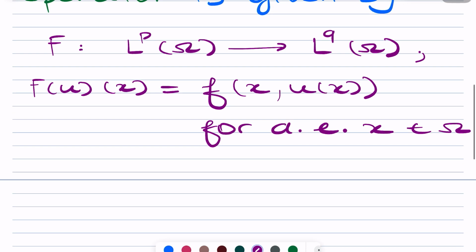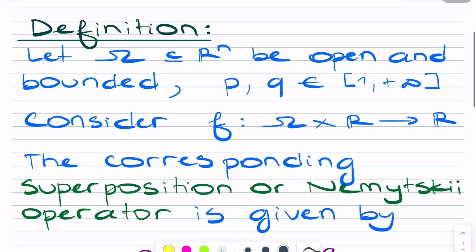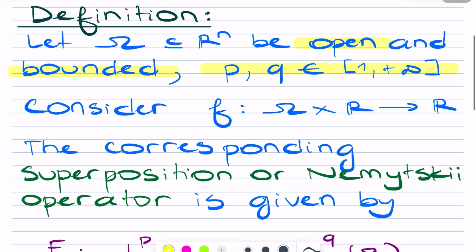So let me quickly highlight the assumptions of the definition. We need omega to be open and bounded, and here p and q are in [1, +infinity).